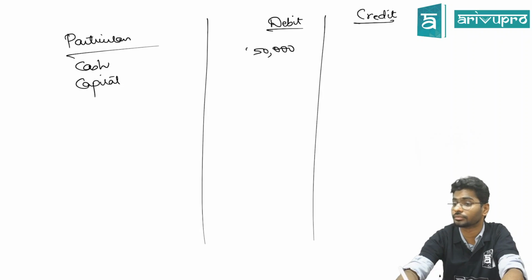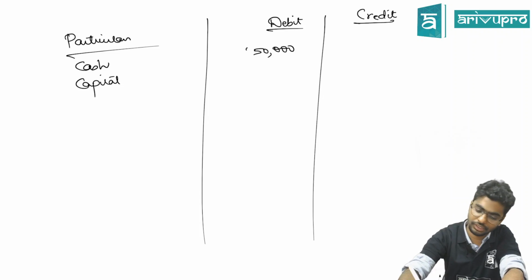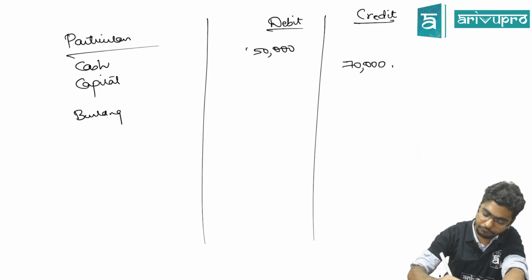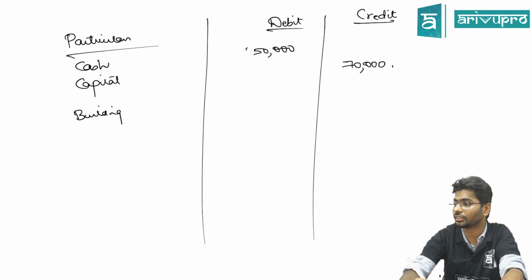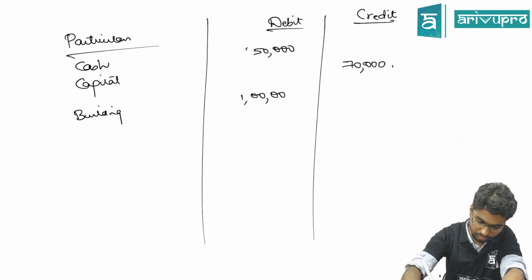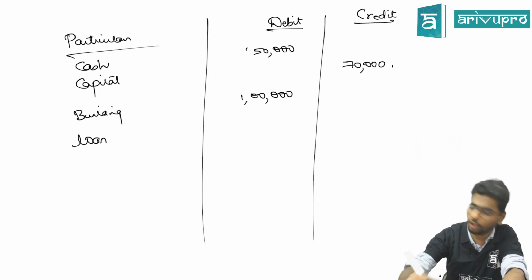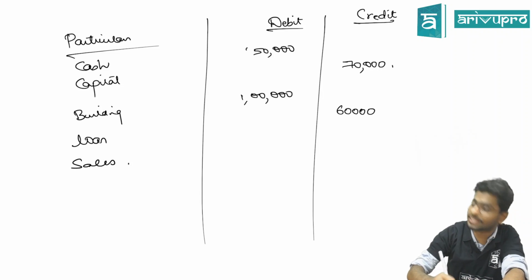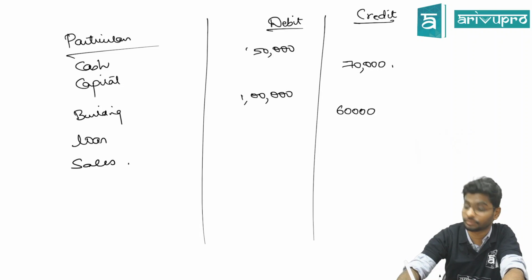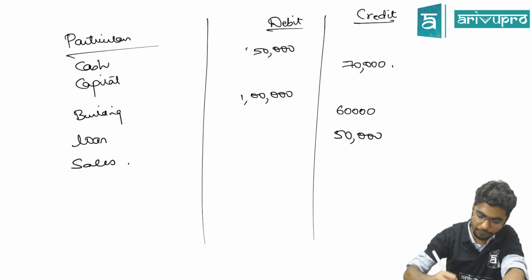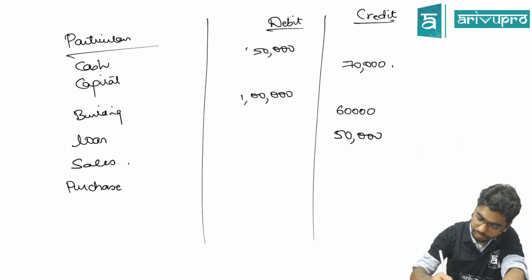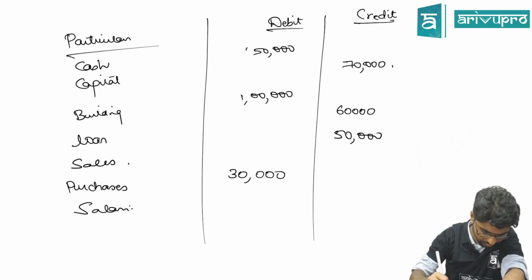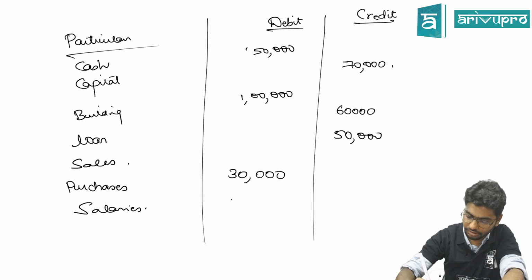Capital, how much? Building, debit or credit? Loan, sales, purchases, salaries, debit.